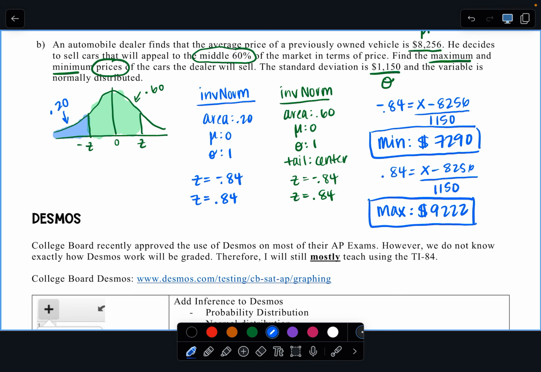Now, just to talk about this as a multiple choice question as well. If you wanted to do this as multiple choice, and I'm going to make a MC only, you could take the mu and make it the 8256, and you can take the standard deviation and make it 1150, and it should still return 7,290 and 9,222.